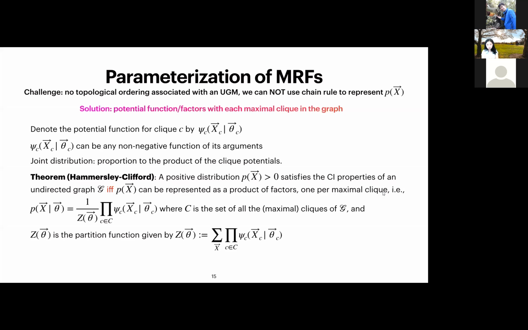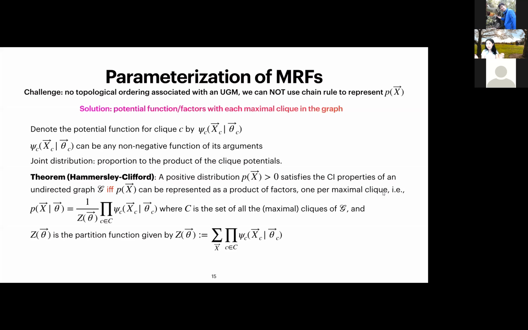And the partition function is given by the summation over x of the product of the potential functions. Because you want to make sure that the probabilities sum up to 1, that's why you have this partition function in this form.